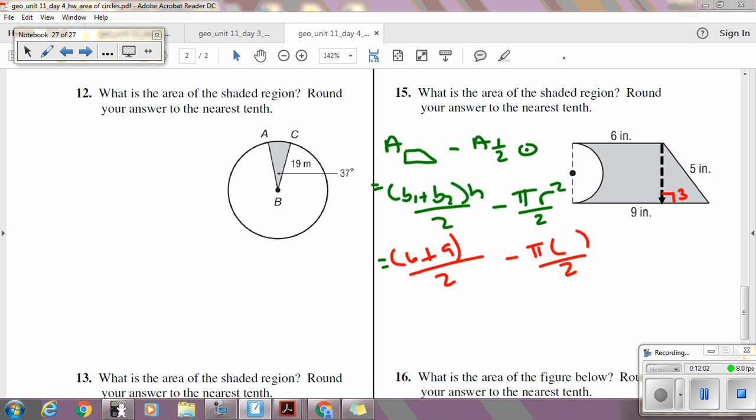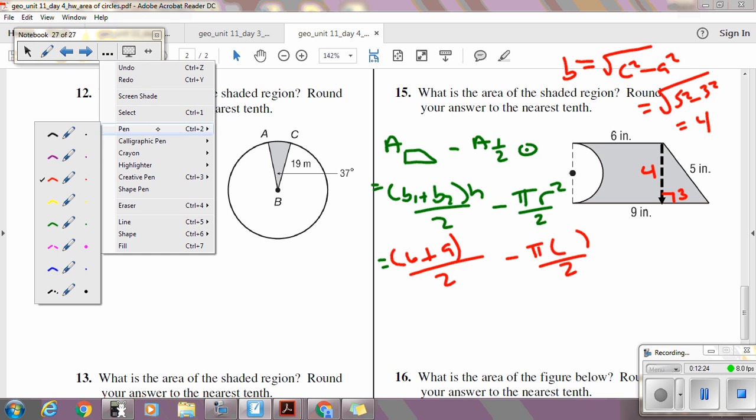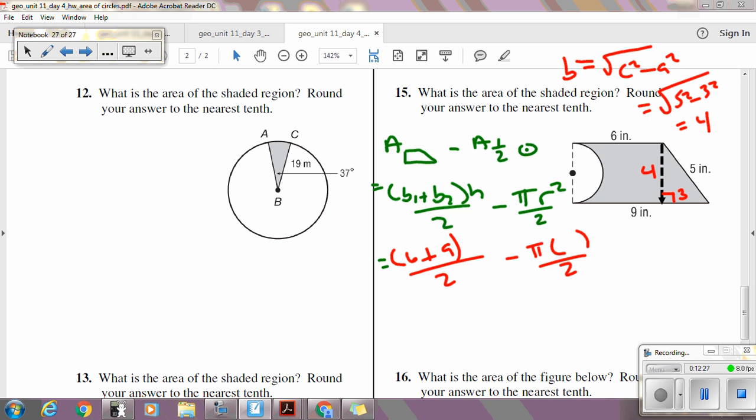The shortcut again is b equals the square root of c squared minus a squared. So in this situation, that would be 5 squared minus 3 squared, and it would equal to 4. So my height is 4. To my circle, 4 represents the entire diameter, so that means my radius is 2.